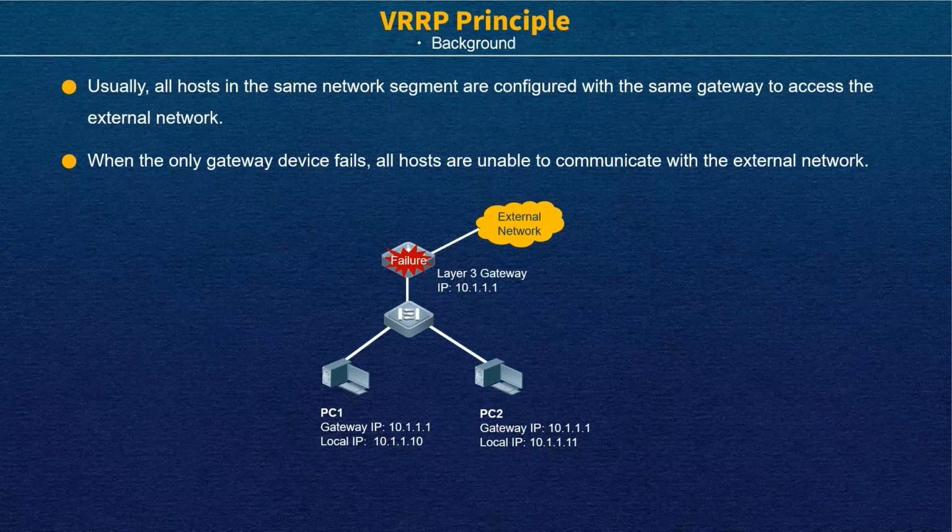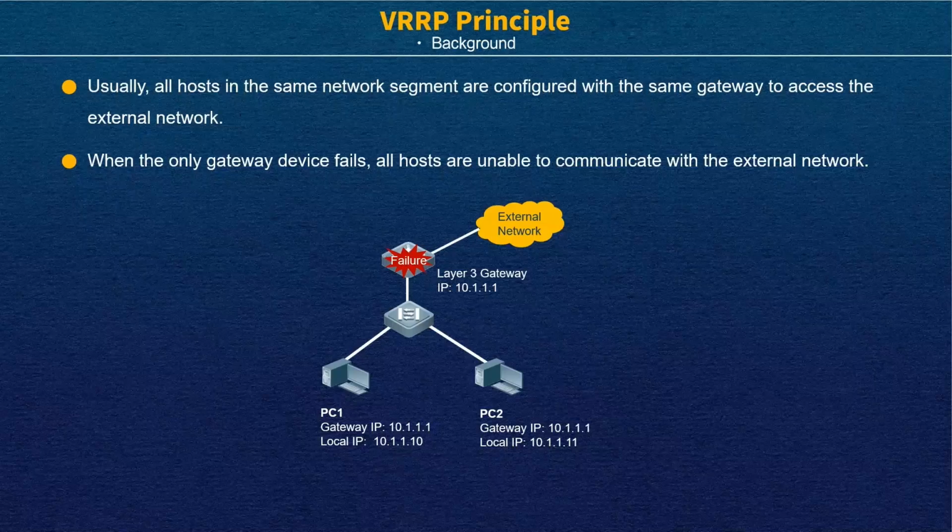Now, if we want to send a message to the external network, we send an ARP request to our gateway asking for its MAC address, and no one gives a reply. Maybe the administrator is working on troubleshooting and finally finds the gateway is broken. Before we provide a working device, all the terminals cannot visit the external network.